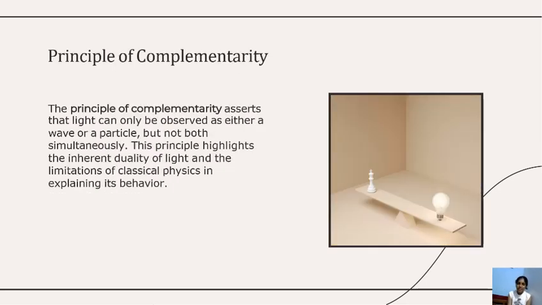Now let us start with the actual topic, the principle of complementarity. The principle of complementarity asserts that light can only be observed as either a wave or a particle, but not both simultaneously. It means you can observe only a single property of light, either a wave or a particle, at a time, not both at once.